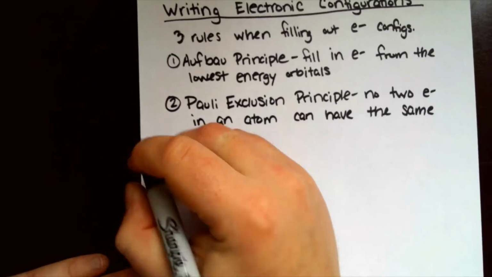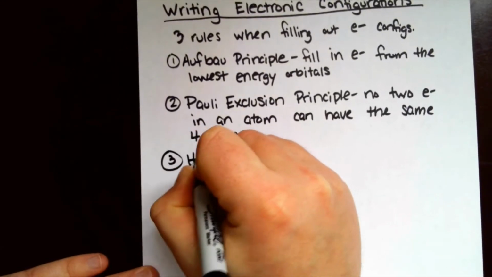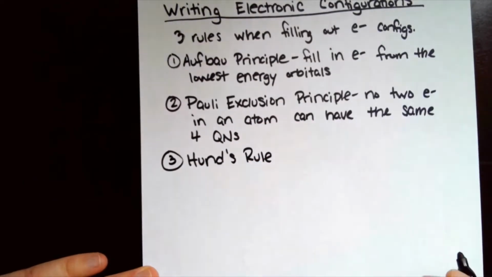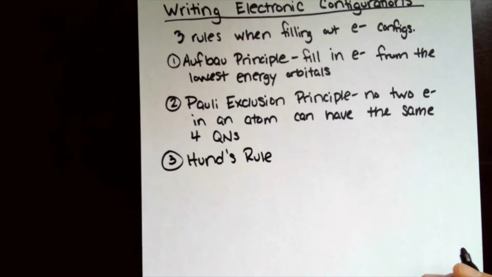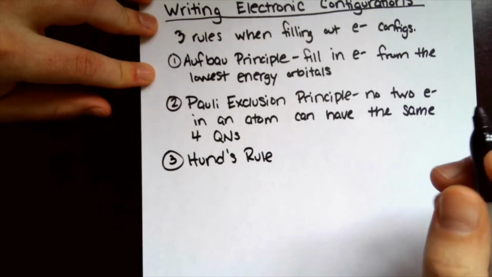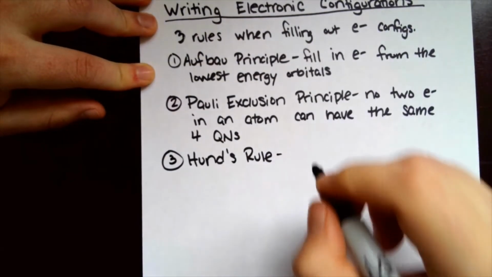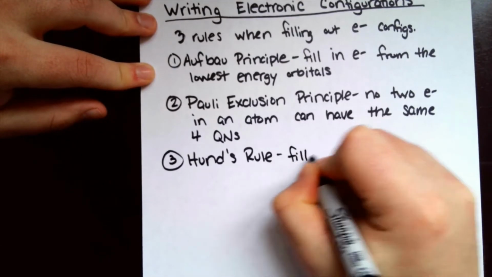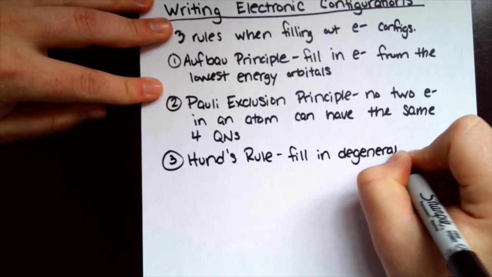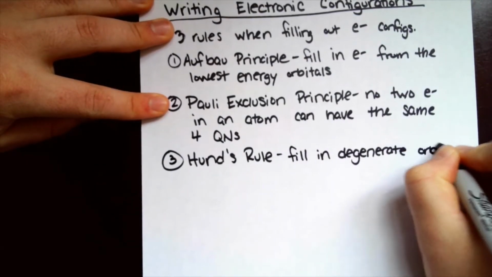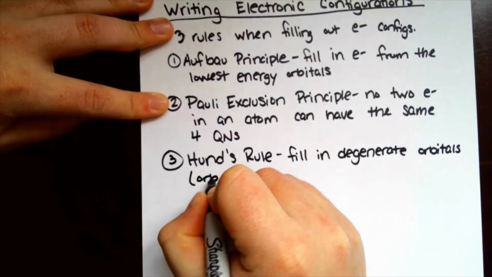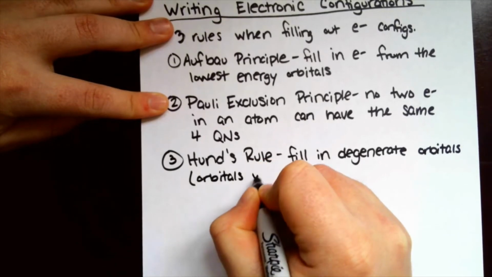And the last principle you need to know is called Hund's rule. Now, this one won't quite make as much sense until I get to the arrow notation that I alluded to earlier. But what Hund's rule says is that you have to fill in degenerate orbitals, and what degenerate means is they're orbitals of the same energy.